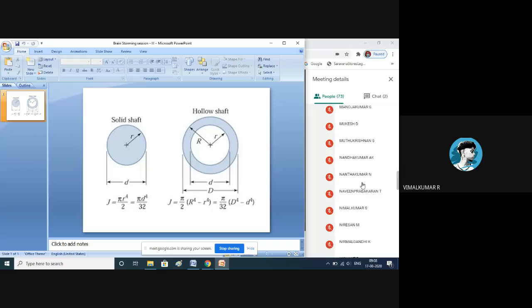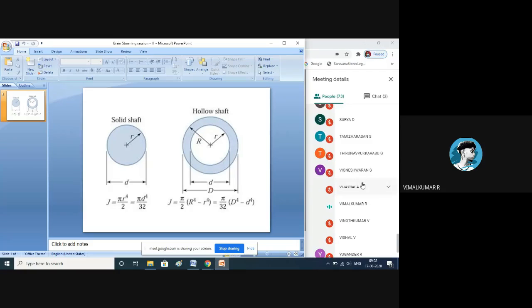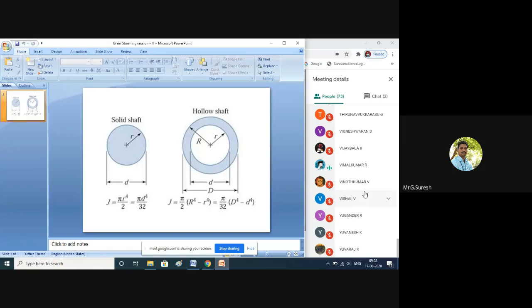Sir, the polar moment of inertia of the hollow shaft is lesser than the solid shaft, sir. So it resists rotation, or twist, sir. So the value you attain by substituting the numerical values in this particular formula is completely lesser than this one. That's what you are coming to say.